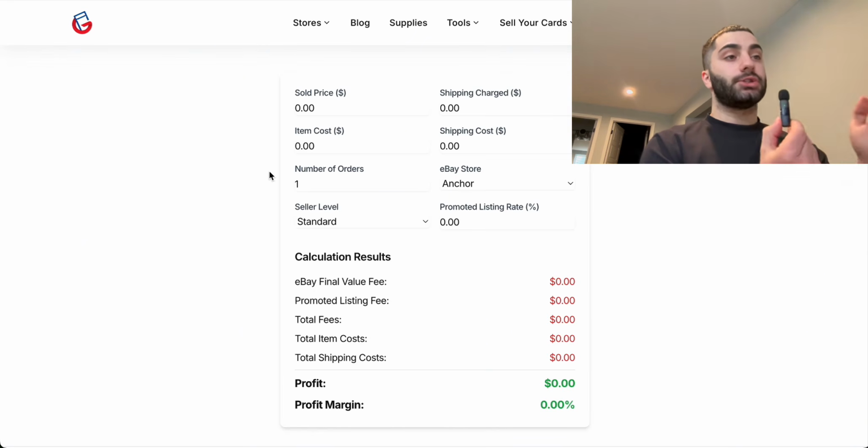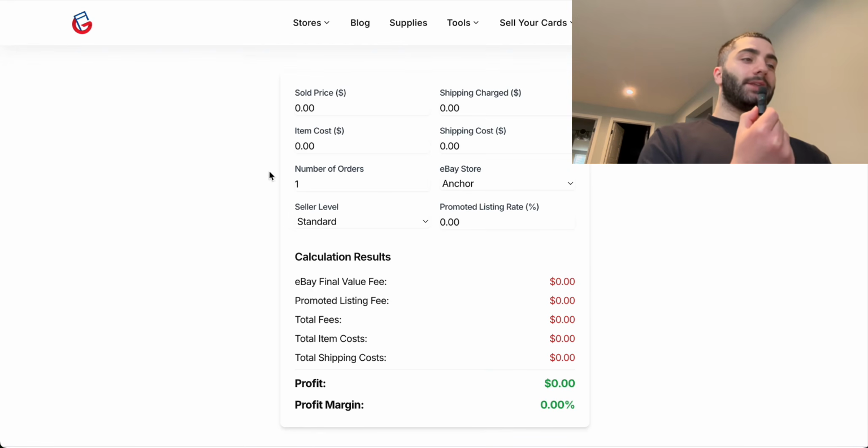Whereas if it's priced at $20, then you only have to pay 69 cents for that label, which is a very big difference. So there's a very weird threshold with a card being $20 and below. Once you go above $20, you can no longer use the eBay standard envelope and then you have to be paying that $5 shipping. So if that's the case, try to stick below $20 if you can and if the profit makes sense. But of course, if you have to go above $20, you can.